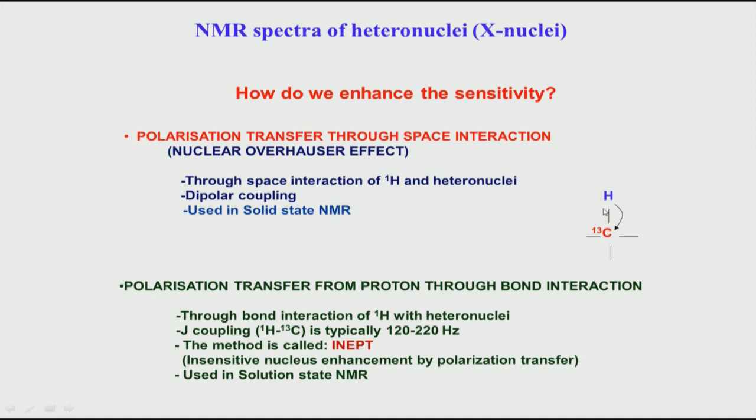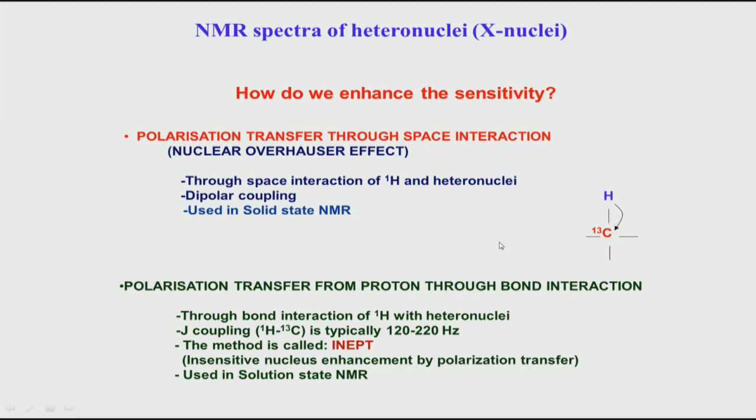The typical value of J coupling is about 120 to 220 hertz. Remember, it depends on the hybridization state of the carbon. In aromatics it is higher, in alkynes it is higher, in alkenes it is higher, but in sp3 it is about 120 to 140 hertz.